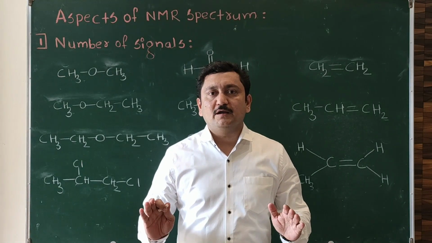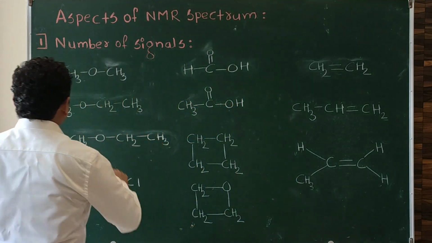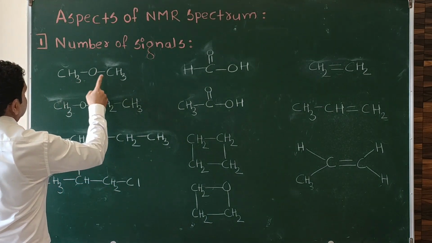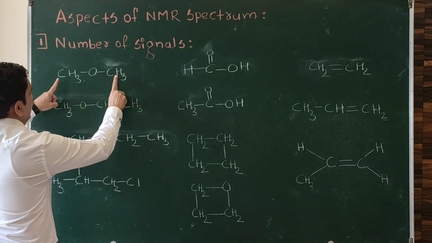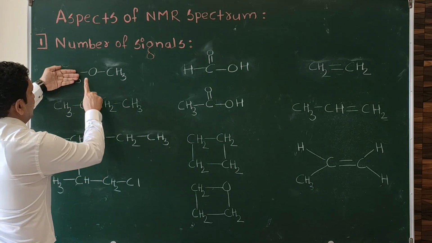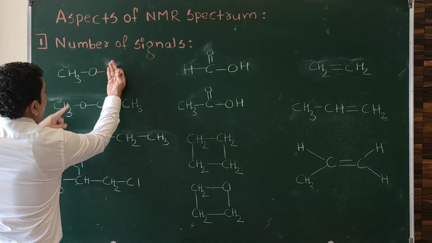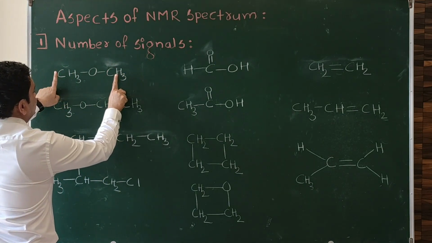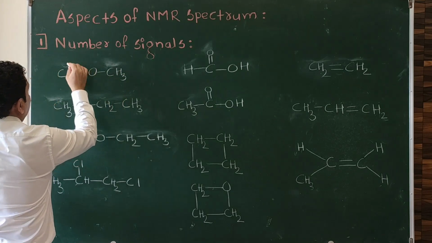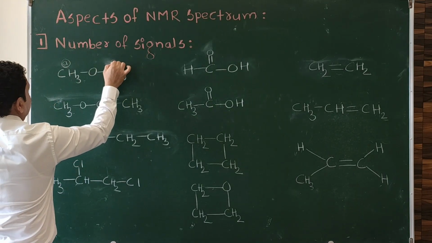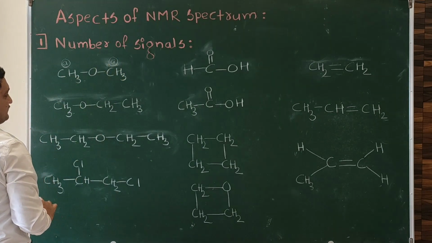Now signals for dimethyl ether. In dimethyl ether there are 2 CH3. We have to check their environment. The environment for this CH3 is OCH3, and for this one OCH3. As both CH3 have the same chemical environment, collectively they will give the same signal. They are equivalent to each other.